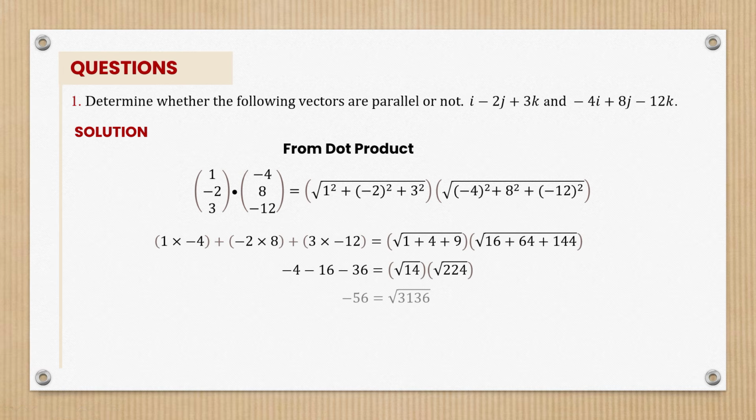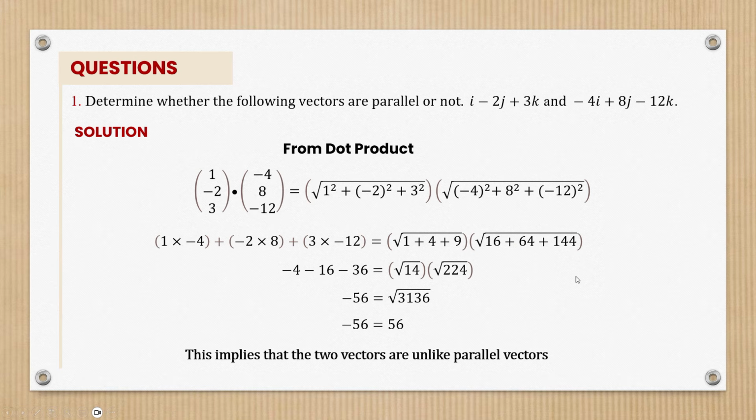When we expand them, we shall have -56, and the square root of 3136 is actually 56. So you can see that the values are the same, though we have a negative on one side. That means these are truly parallel, but they are unlike parallel vectors, facing different directions.